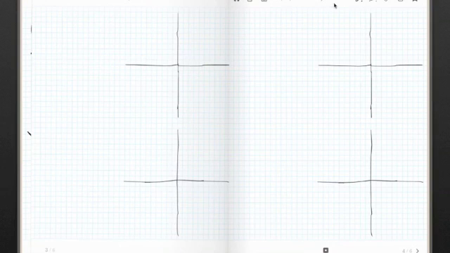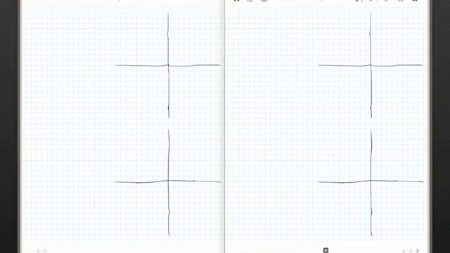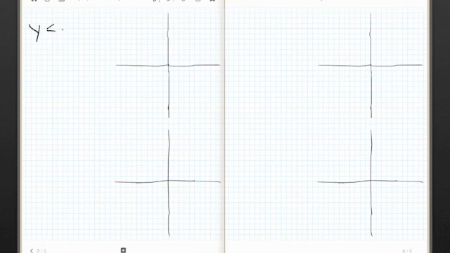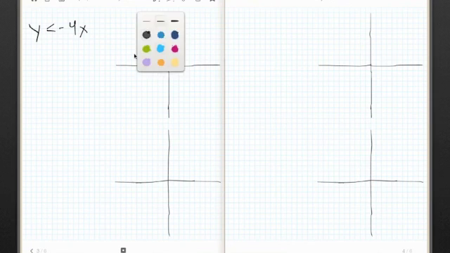Okay, let's do one more like that. y is less than -4x. So there's no plus 0 here, but that's essentially what this means. It means we have a y-intercept of 0 and a slope of -4.